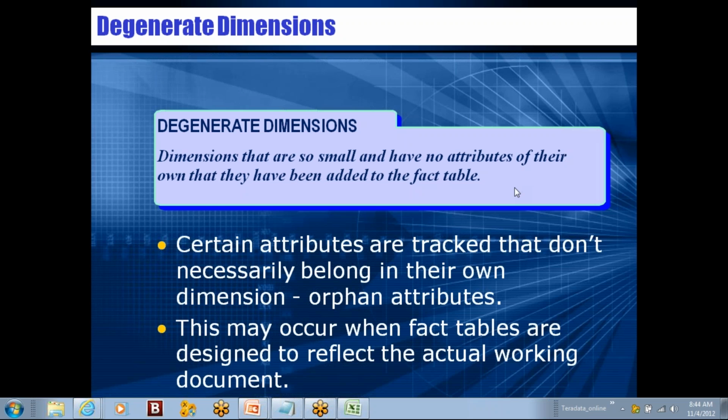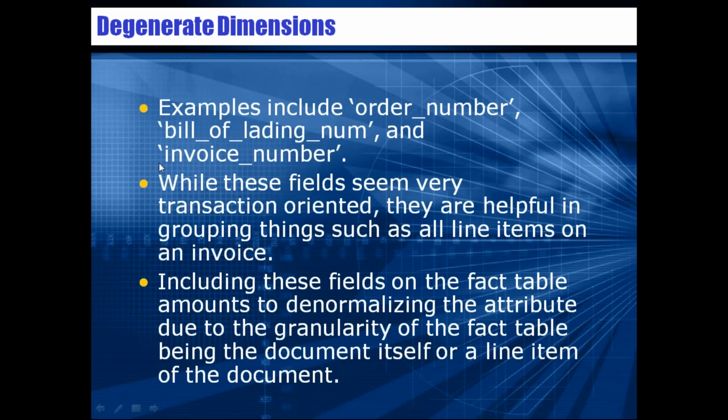For example, the order number or invoice number, the bill of lading number. These are numbers in terms of data types, but they don't act as measures, right?